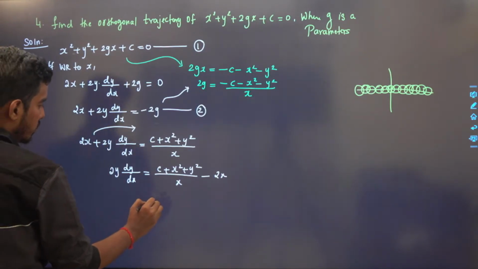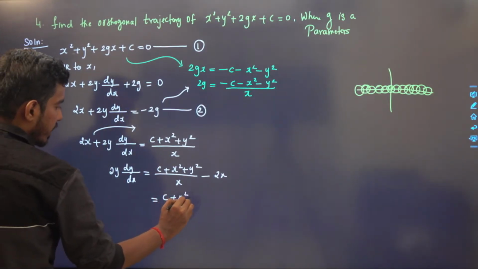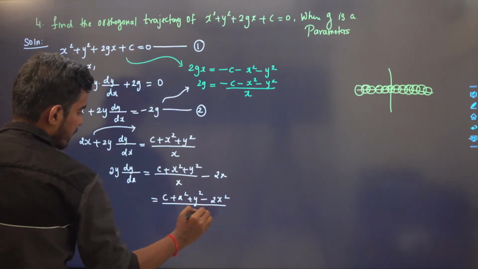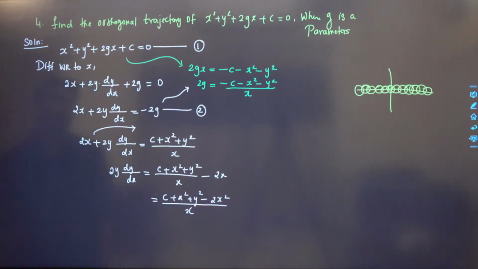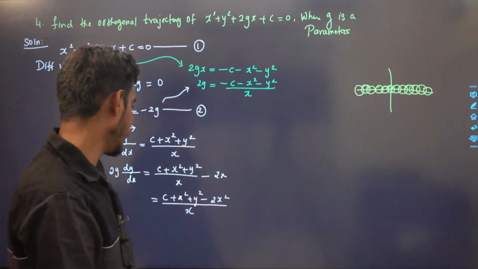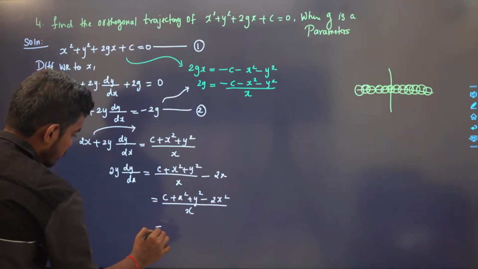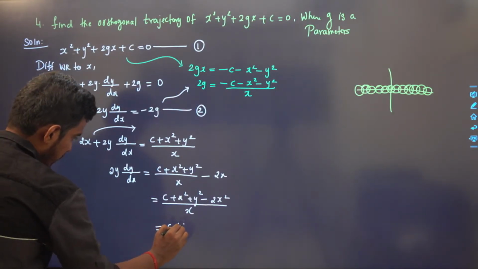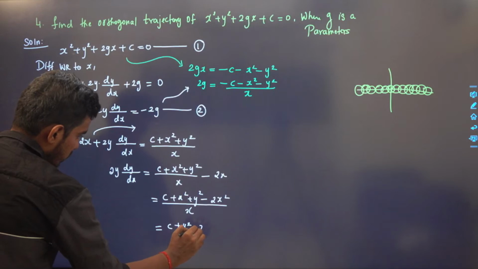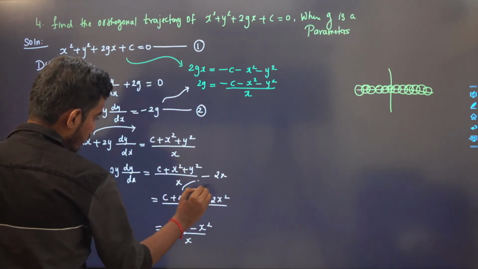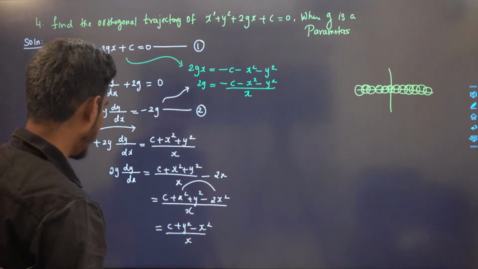So c plus x square plus y square minus 2x square, divided by x. So this is the same as c plus y square minus x square by x, because x square minus 2x square is minus x square, right?